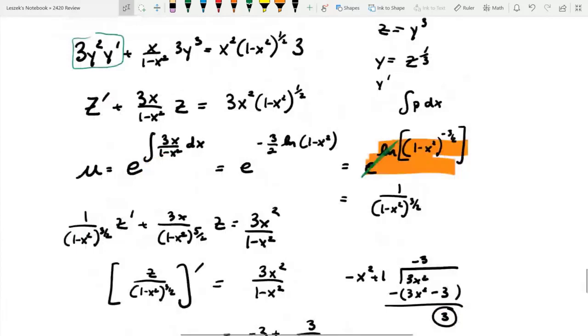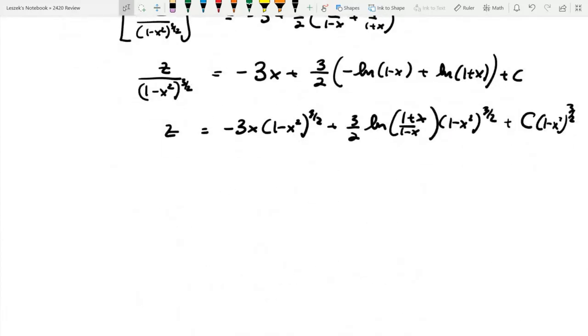Z is really y cubed. So if you'd like, you can take the cube root of both sides to get the very nasty solution.